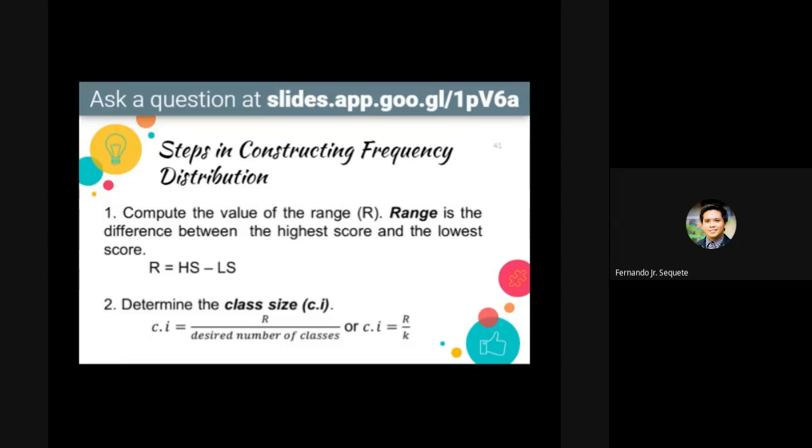So number one, we have to compute the value of the range. Range is the difference between the highest score and the lowest score. That's the first thing. So meaning to say, magbibigay si teacher ng sets of data. For example, scores, siguro yung score niyo sa short quiz 1 ninyo.